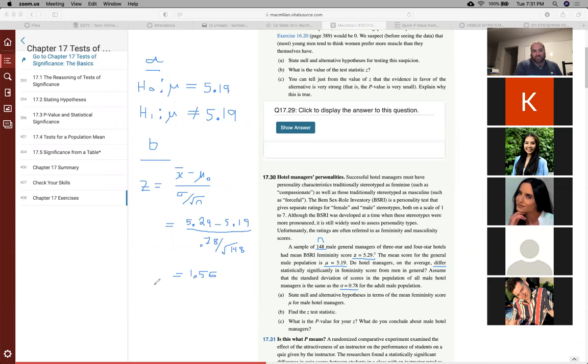Now, part C. What is my p-value? How do I compute that without crunching?